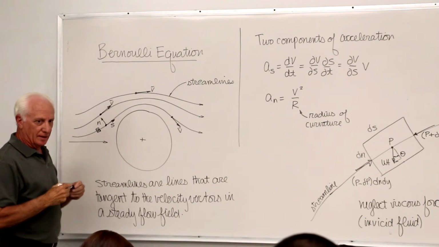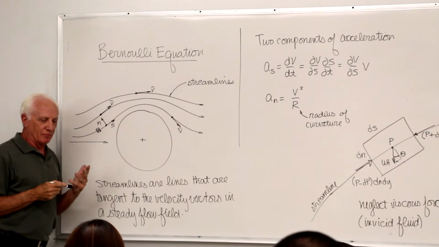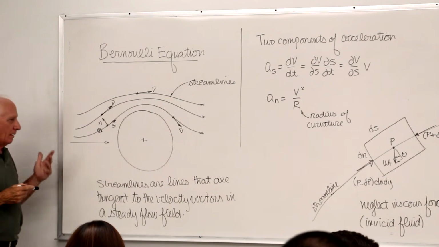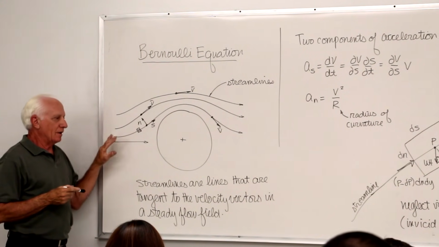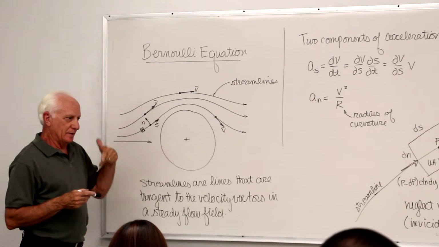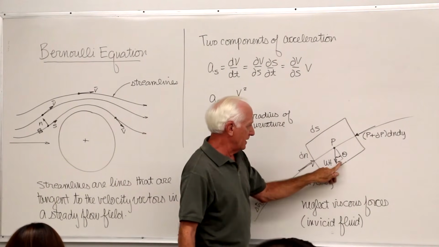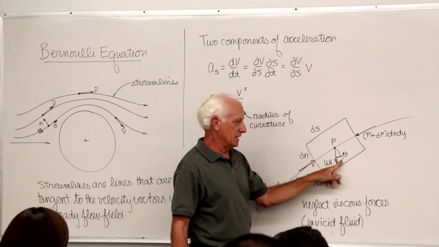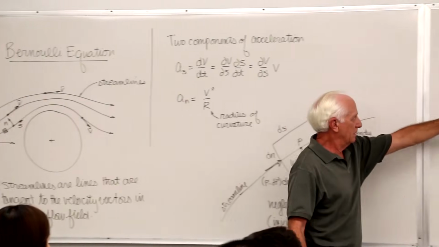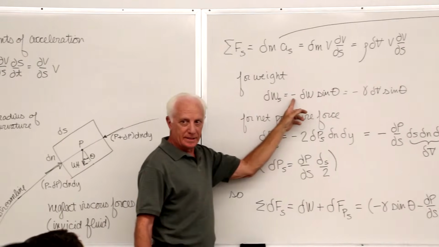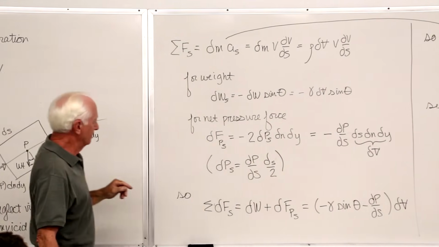That little differential element had forces on it. Number one, gravity creates the weight, whose component in the s direction involves sine theta. That's the weight. It acts down, so there's a minus sign, of course.